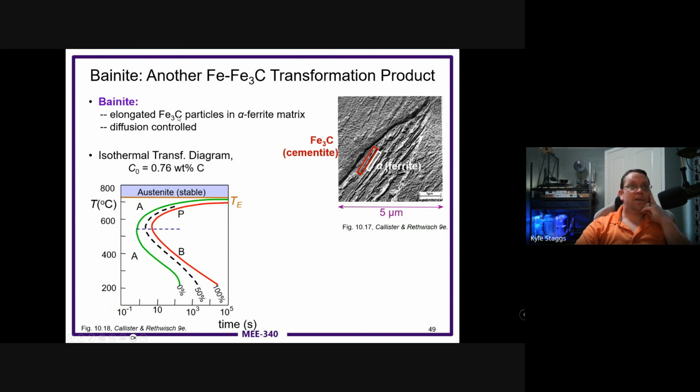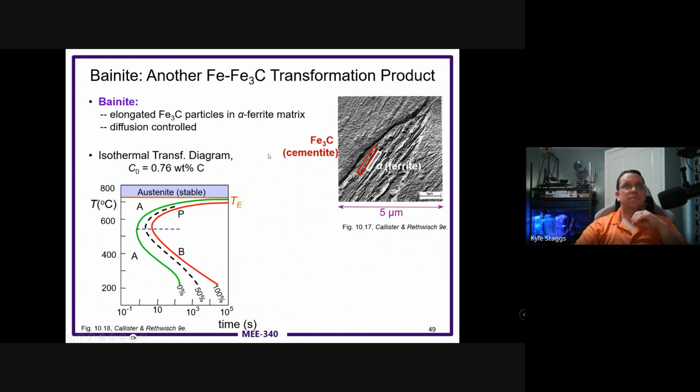So the elongated cementite particles in this alpha ferrite matrix are what we're referring to. So at that eutectoid composition of 0.76% carbon, you can see these two together.